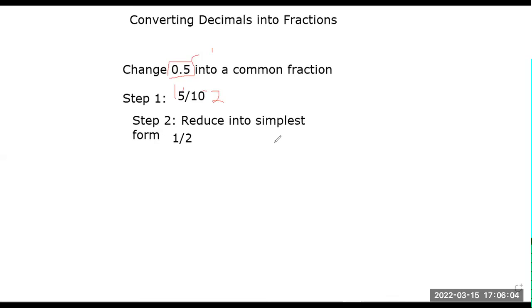Right? So this is an example of converting decimals into fractions. The first thing to look at is how many numbers there are after the decimal point. One number, we simply divide by 10. If it's two numbers, we divide by 100. The second step would be to reduce the fraction, if you can, to a simpler form. Always remember to reduce to the simplest form when you convert decimals into fractions.